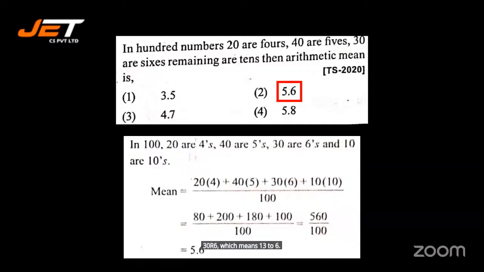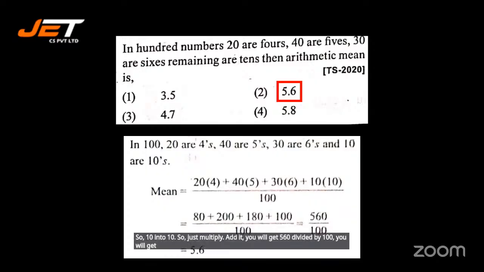And the remaining is what? 40 plus 20, 60. 60 plus 30, 90. So the remaining is 10. So 10 is the remaining are tens. So 10 into 10. So just multiply, add it, you will get 560. Divided by 100, you will get 5.6.